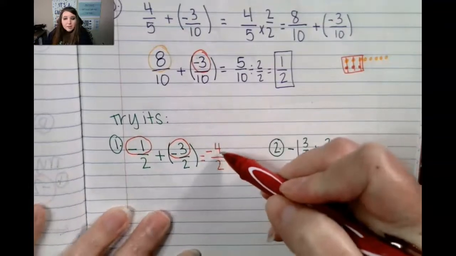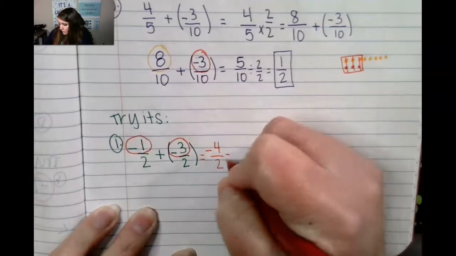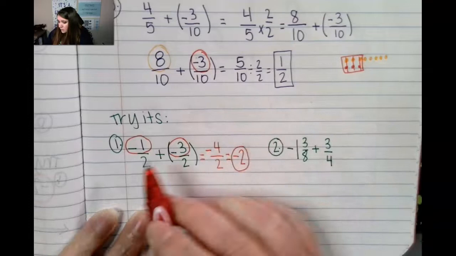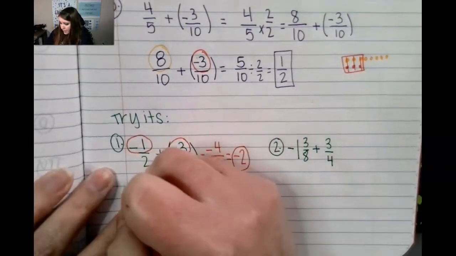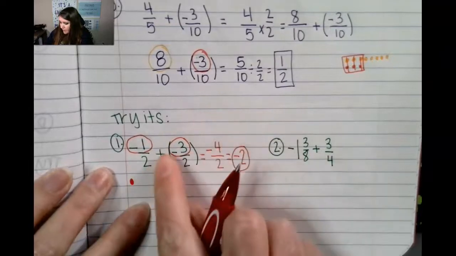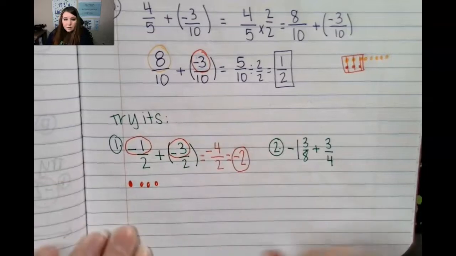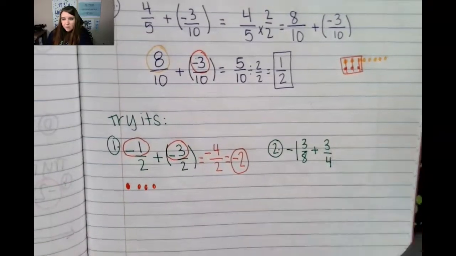I can reduce this down to -2. So my answer here is -2. If I had 1 red, and then I add on 3 more reds, I now have 4 reds. Okay, let's look at this one.